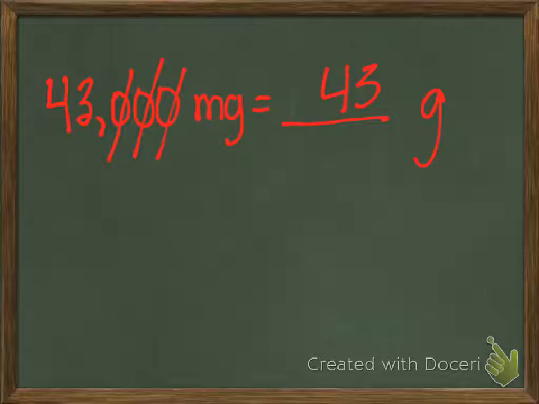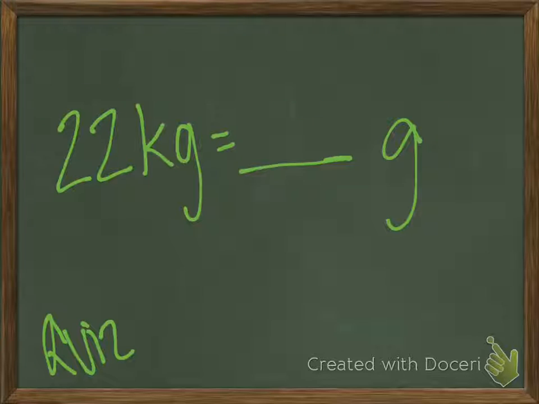Okay, one on your own and then you are all done, guys. Try this one all on your own. 22 kilograms to how many grams? Go back to your chart, figure out if you're going larger to smaller or smaller to larger. Figure out if we're adding or taking away zeros or decimal places, and try to solve this all by yourself.